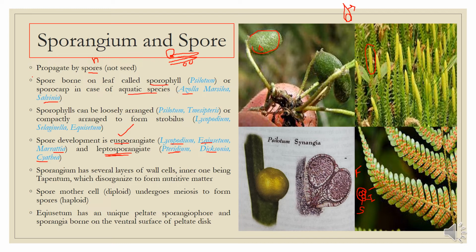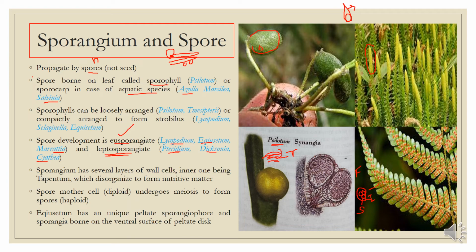Structurally, here we see the sporangium. It consists of many layers of cells that form the sporangium. The innermost layer is the tapetum.